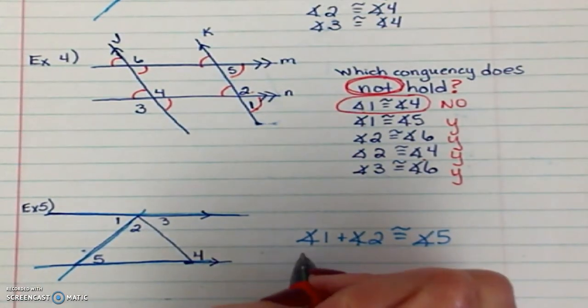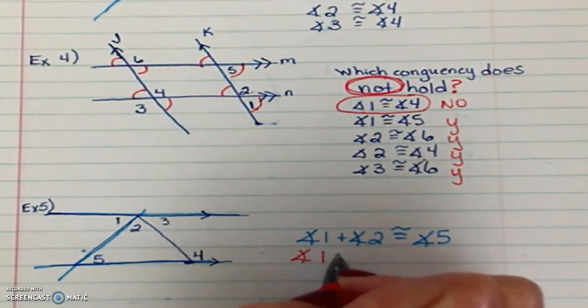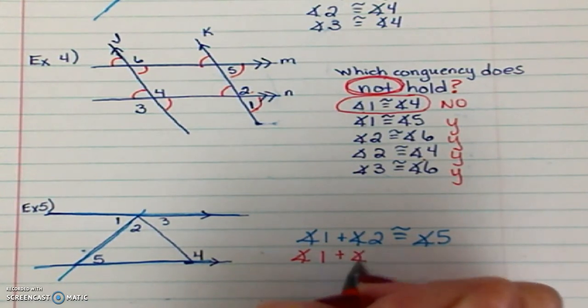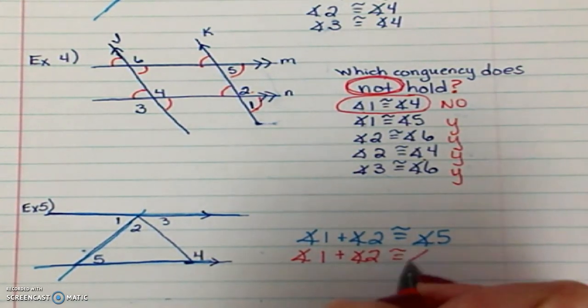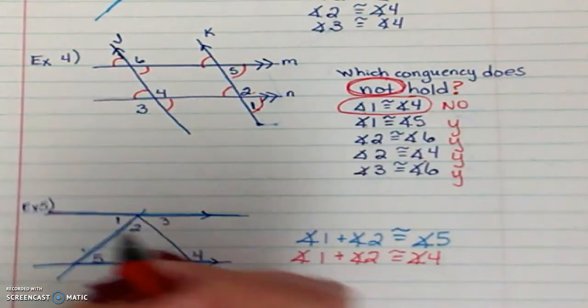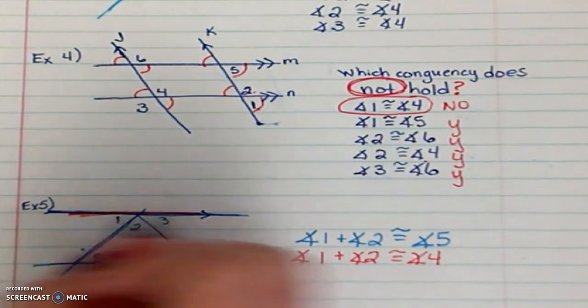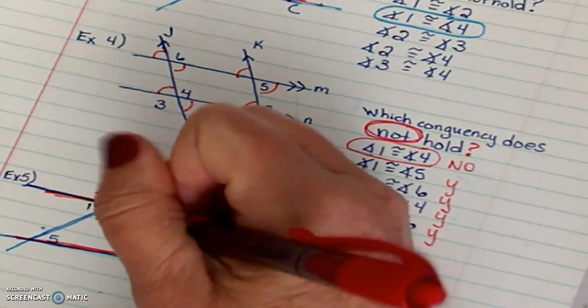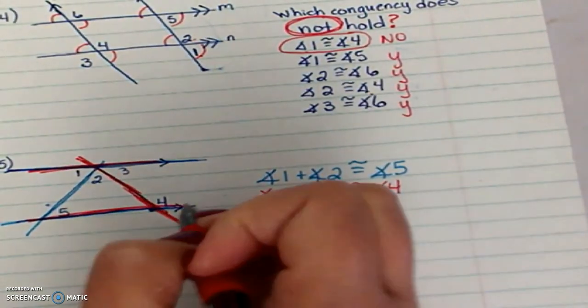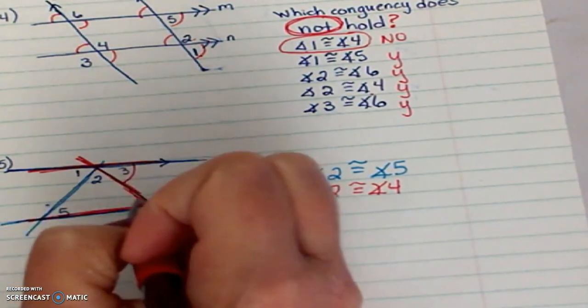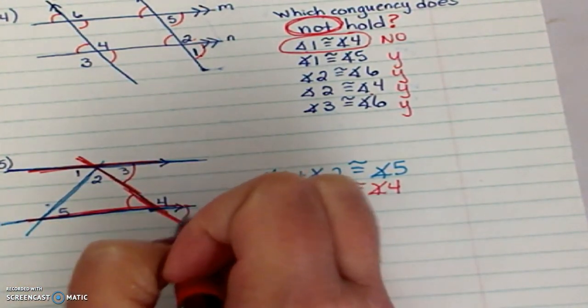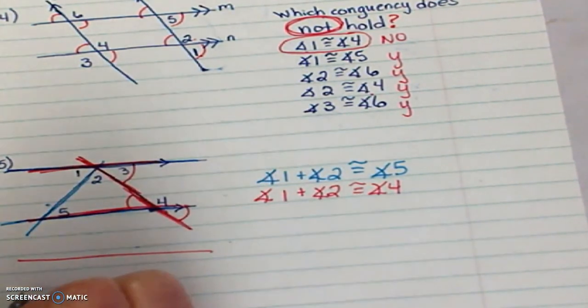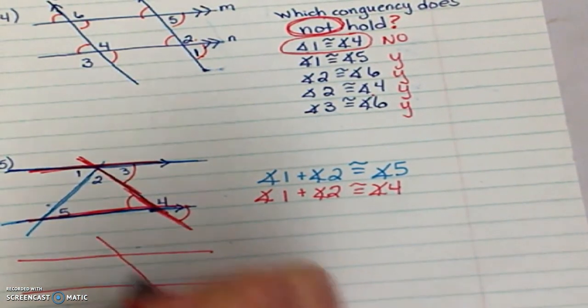Maybe one of the statements they are going to give you says that angle 1 plus angle 2 is congruent to angle 4. Well, if I look at these parallel lines right here, and if I cut it by this particular transversal, which I have marked, I'm looking at just these 2 parallel lines cut by this transversal, and I'm going to mark angles that are equal to each other.